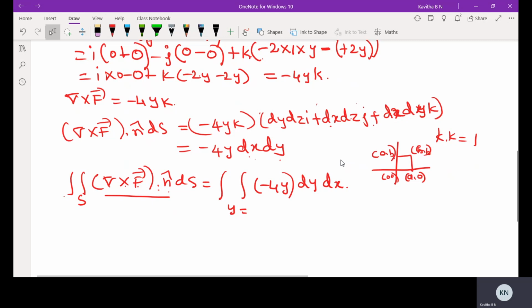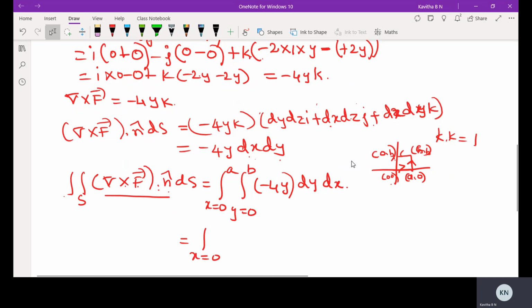Y varies from 0 to b, and x varies from 0 to a. Then integrate.